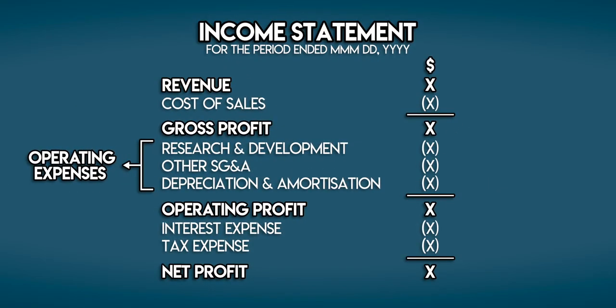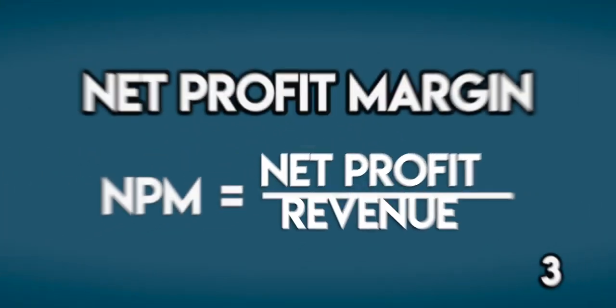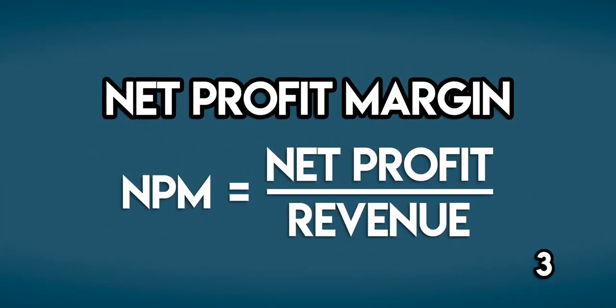And if we head down to the bottom line of the income statement, we have net profit. This is the residual profit that's left over after deducting all of a business's expenses. And net profit divided by revenue is, you guessed it, net profit margin, our third margin ratio.